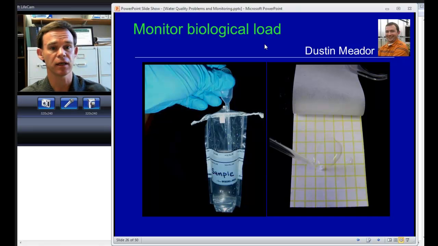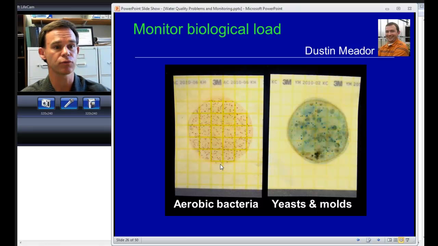Now, one of my students, Dustin Metter, has developed a very nice technique where he takes a sample of water, puts it onto a Petri film, which has got a dehydrated nutrient solution on here, and then puts it at room temperature into a dark environment, such as a drawer in an office, and waits for 3 to 5 days, and then counts the amount of bacteria or yeast and molds, because there's a couple of different kinds of Petri films available.